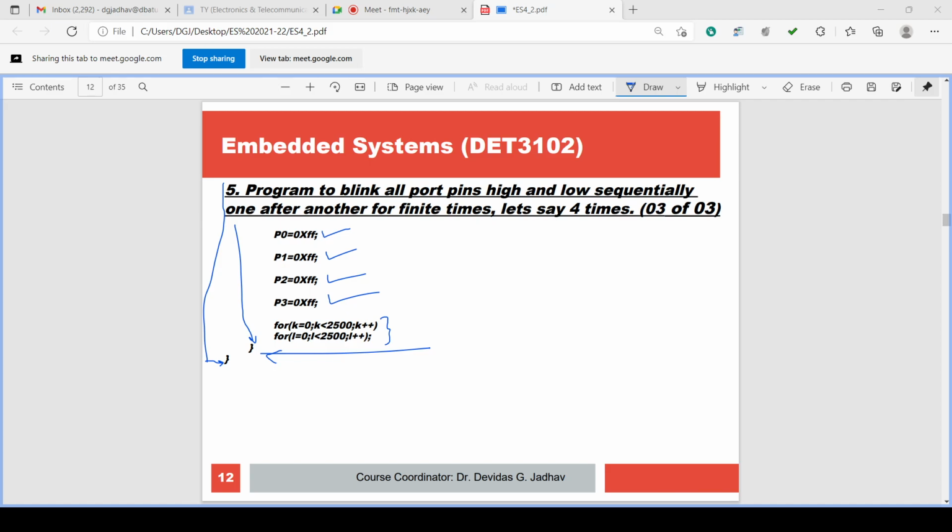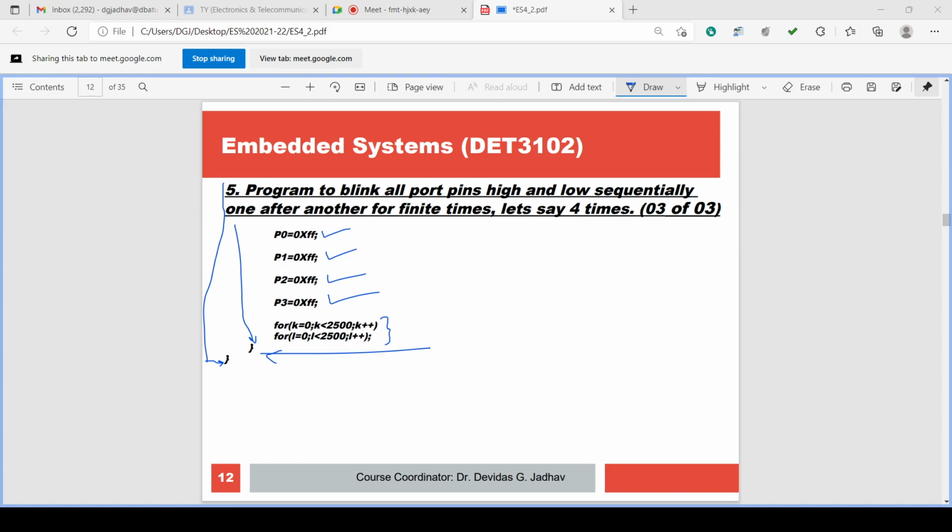It will appear as blinking of the LED, the on-off condition of the LED, isn't it? That's why we are calling this program a blinking program. Program to blink all 4 port pins, high and low, sequentially, one after another for finite times. Let us say 4.